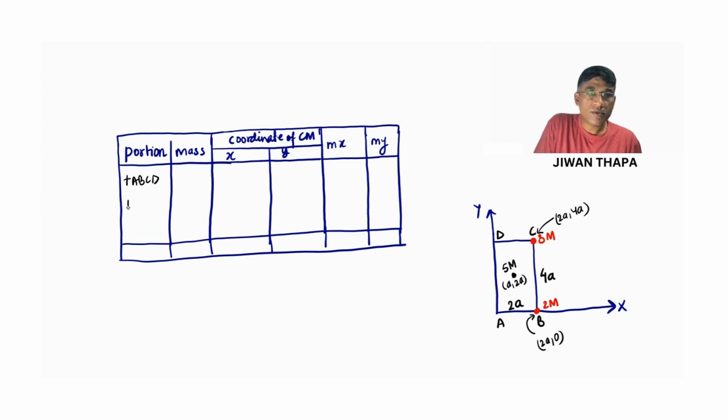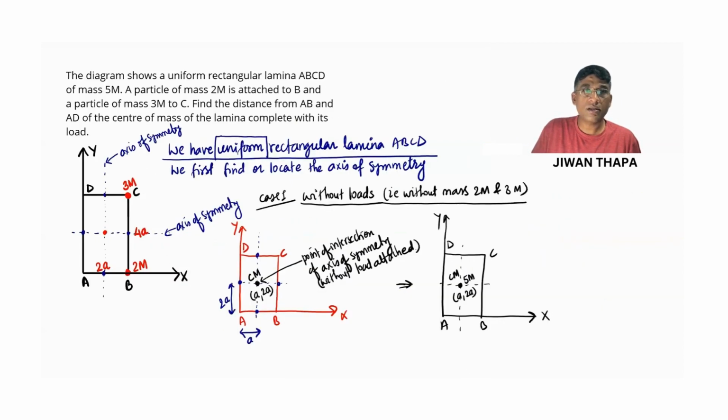So next we have load at B. Clear? And next we have load at C. So when we add all these, then we get, so let's look into this question.